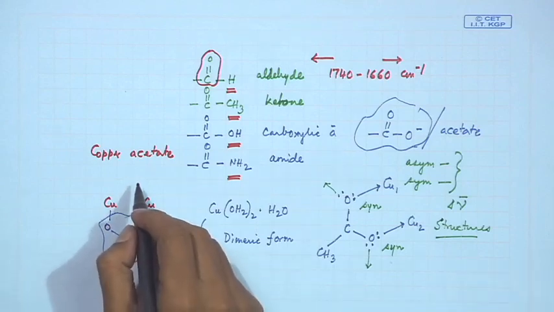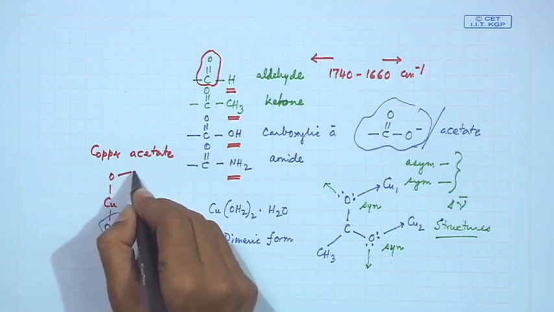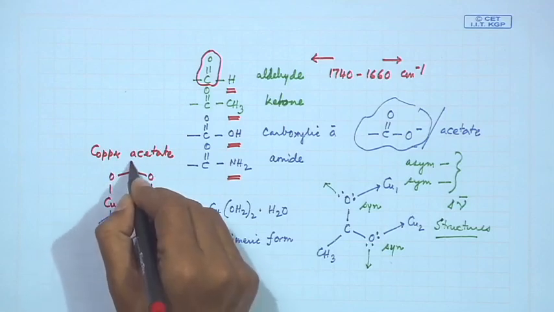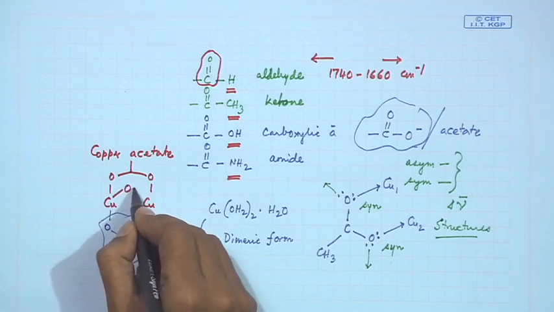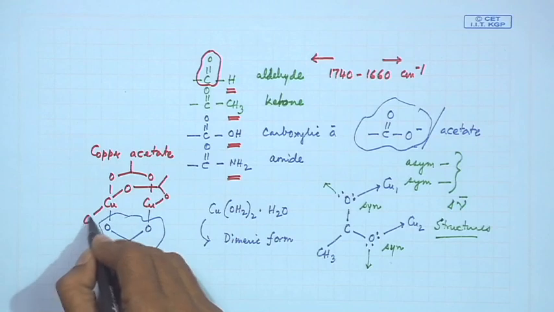So, in this particular metal salt we have this. The second one is also like this, then the third one and the fourth one.